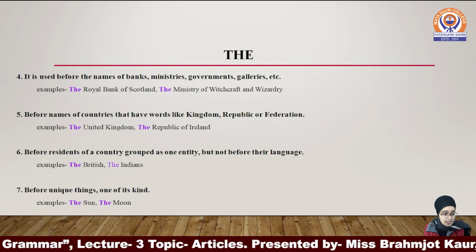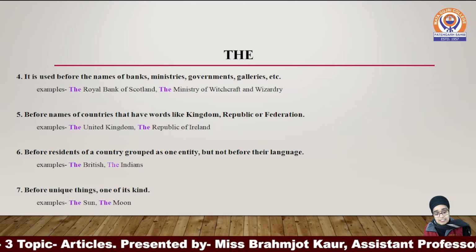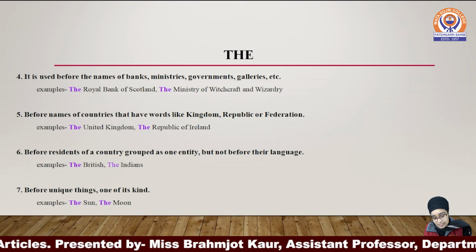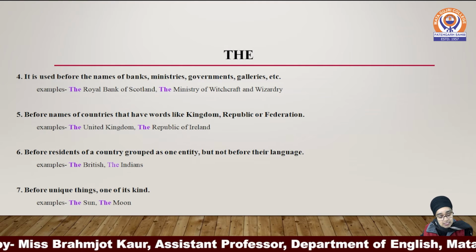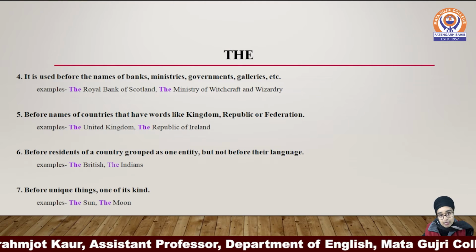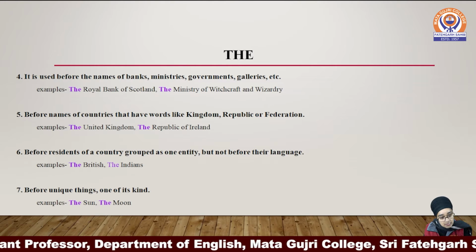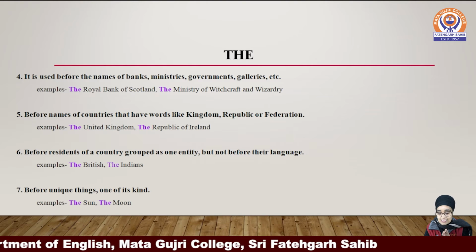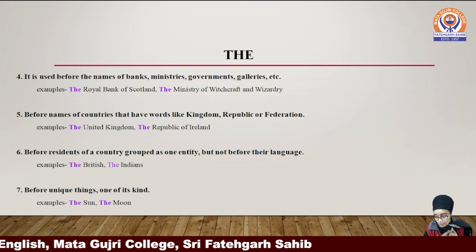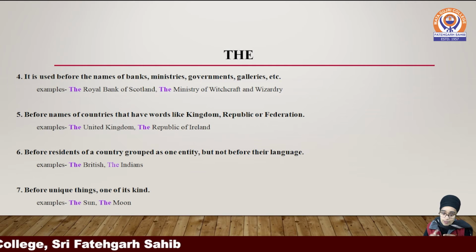Fifth usage of the. The is used before names of countries that have words like kingdom, republic, or federation. Examples: the United Kingdom, the United States of America, the Republic of Ireland, or the Republic of China, likewise. Sixth, the is used before residents of a country grouped as one entity, but not before their language. For example, if I say they speak French, before the mention of the language, I will not use the article the.